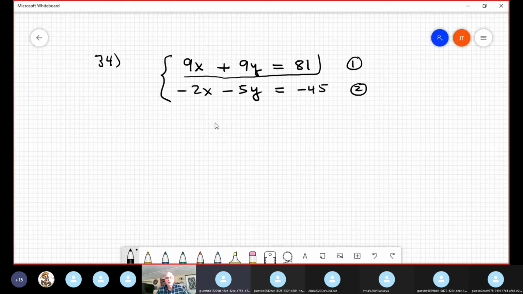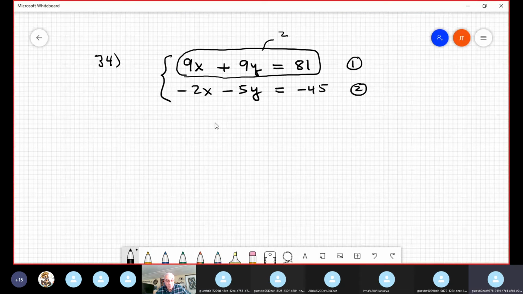Exactly. So, what do you prefer, 2 or 5? I prefer the first way, but I think the class prefers the second way. The second way. Me too. Multiplication by 2. When you multiply the entire equation, go ahead. I said by 2. By 2, okay, super. So, by 2 is 18x plus 18y.